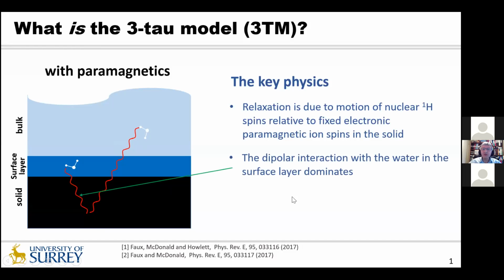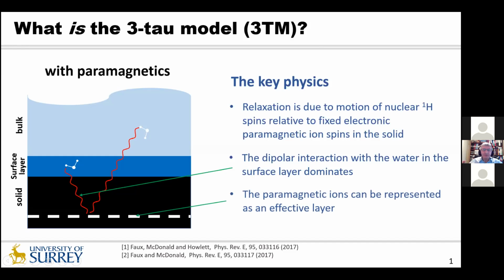Of these two, it's the dipolar interaction with the water in the surface layer that dominates, and there are two reasons for this. First of all, clearly, the surface layer of water is closest to the paramagnetic ions, and the dipolar interaction is very strongly dependent on distance. The second reason is that the surface layer of the water moves at a slower rate across the surface, and that also serves to increase the relaxation rate response.